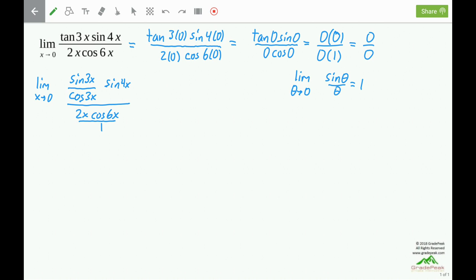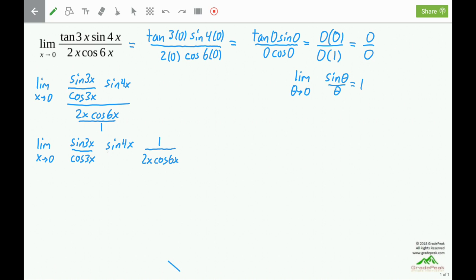And now we will reciprocate that denominator fraction and multiply with the numerator, which is sine of 3x over cosine of 3x times sine of 4x, and then times the reciprocal, which is 1 over 2x cosine of 6x.